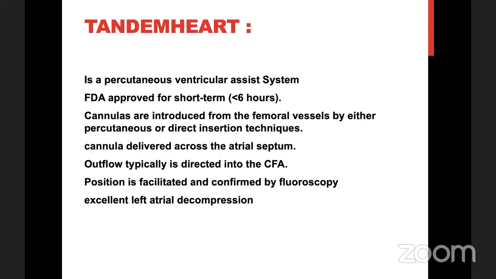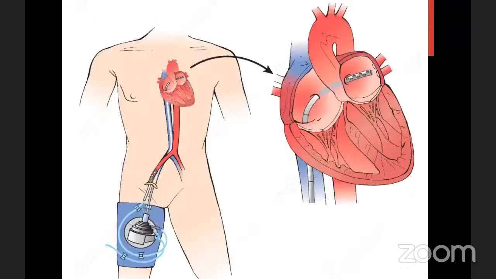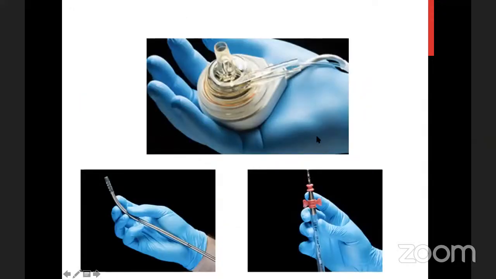Excellent left atrial decompression. As you see here, this is the picture of the TandemHeart through the septum to the left atrium. So it's going to drain the blood from the left atrium to the machine and vice versa. This is the small device itself.